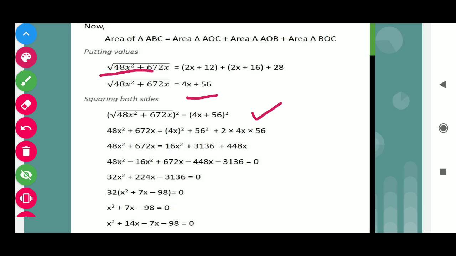Now you can see, students, here we have a quadratic equation. All the terms taken to the left hand side. In this way we get 48x squared minus 16x squared, which is 32x squared, and these are the x terms. We get 224x. Now students, you can see that 32 is common in all the terms, so we take 32 common.